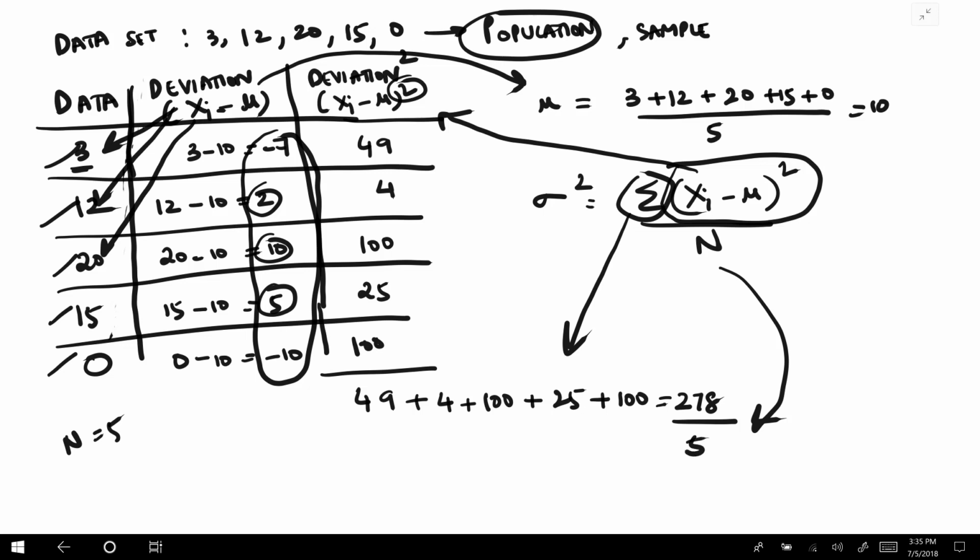So this is going to give us a sigma square of 55.6. So 55.6 is our variance.